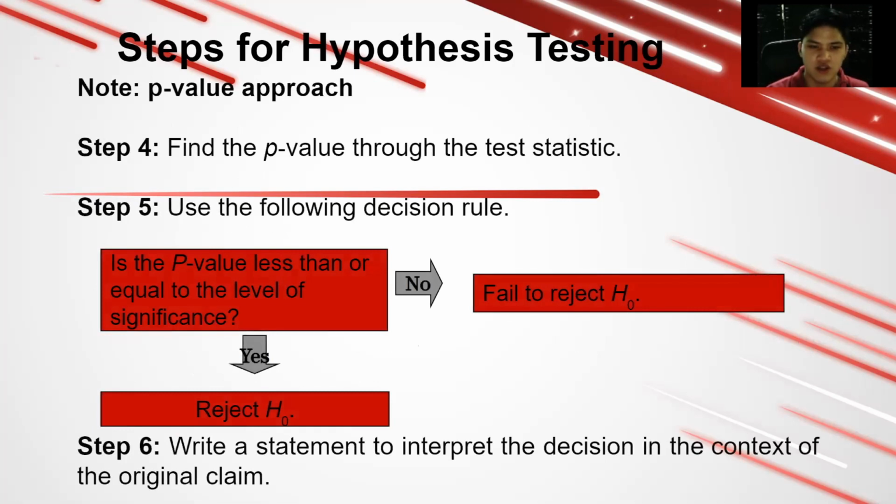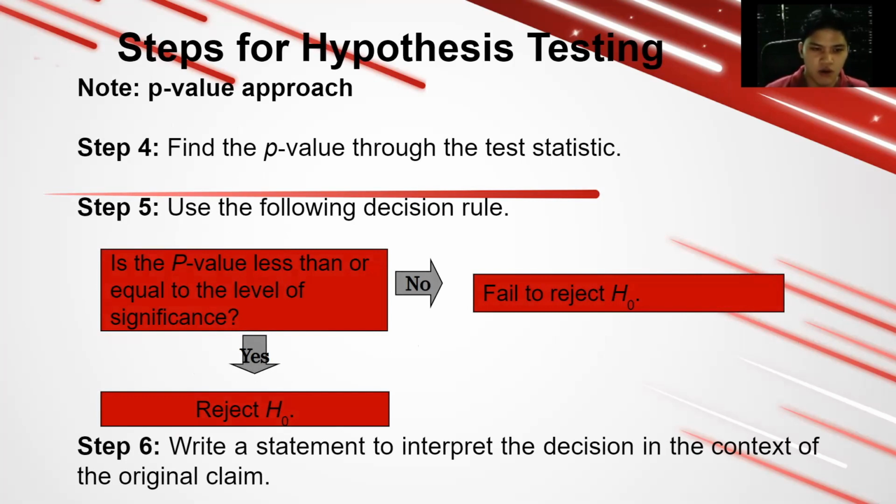As you can see, we have our final steps for hypothesis testing. As I mentioned, there are very few, only 6 steps all in all. So take note, this is the p-value approach. I will be explaining the critical value approach separately since that's a different approach, but for this presentation, we'll be focusing on the p-value approach.